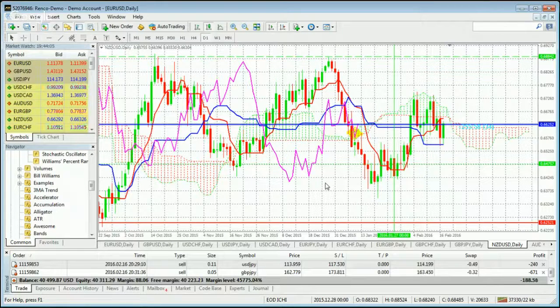It's Chikou breaking price. Remember, that's a signal as well. Okay, and that's the one that's happened most recently now. Now the question is, is that a strong buy signal, or a weak buy signal, or a medium buy signal? What would you say? Strong, medium, or weak?